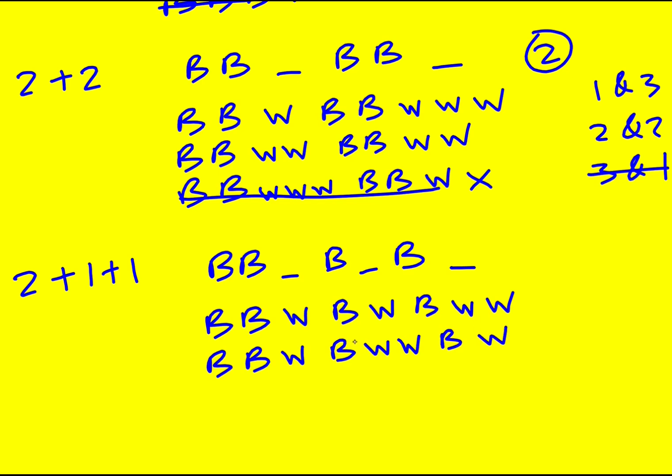So this is definitely going to be different because now the 2 whites are not next to the 2 blacks. Or black, black, white, white, black, white, black, white. Okay, this again is going to be the same as the first one.